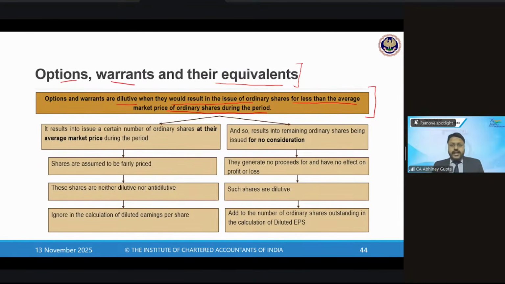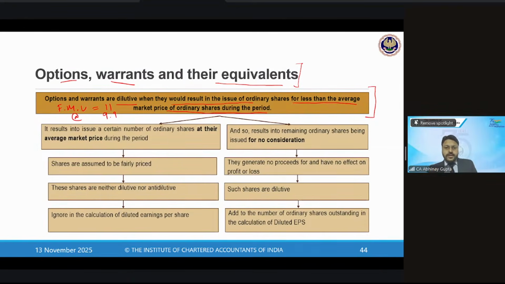So this is at the cost of the company's owners. Although the company's share price is, say, rupees 11, in our example the fair market value was 11. But the option holder was getting the shares at 9.9.